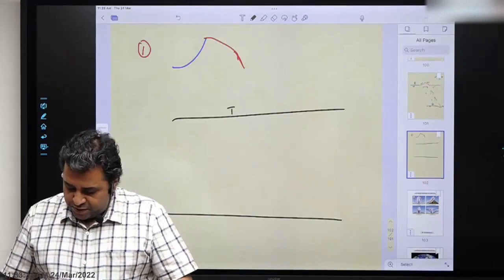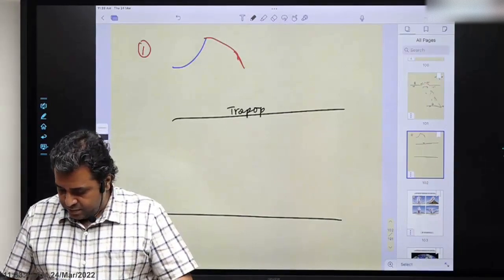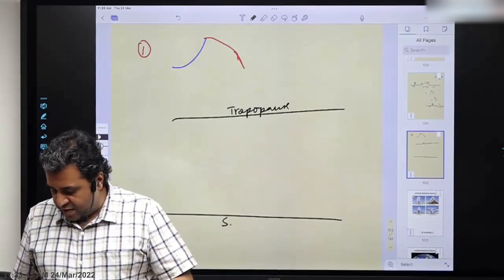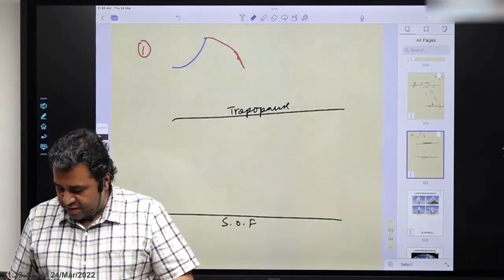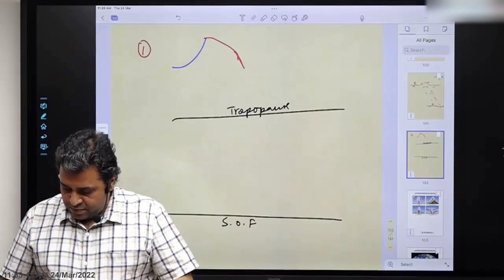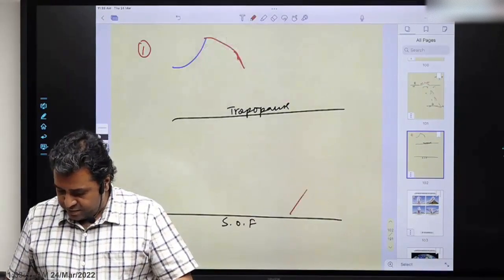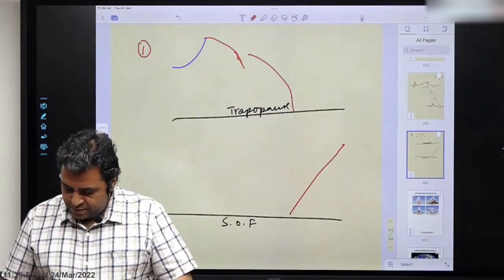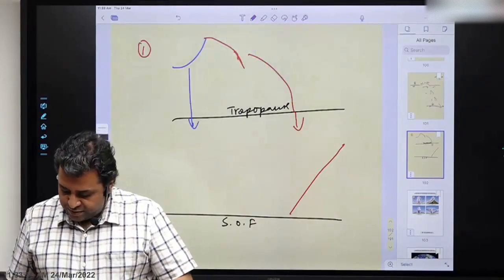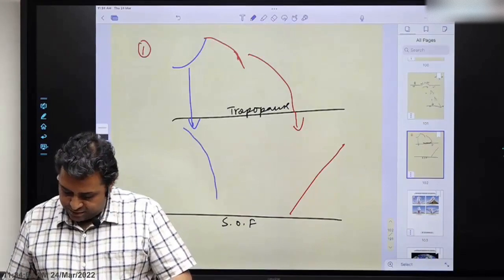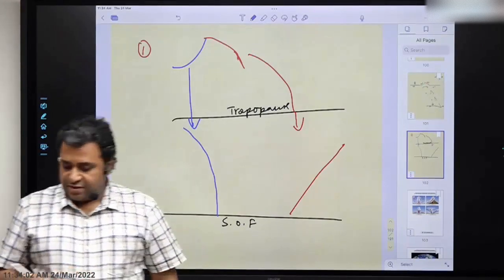This is tropopause and this is the surface of earth. So you can see two fronts here, one the east one, which is the warm front, and the second the west one, which is the cold one, somewhat like this, seen on the surface. Is this clear?